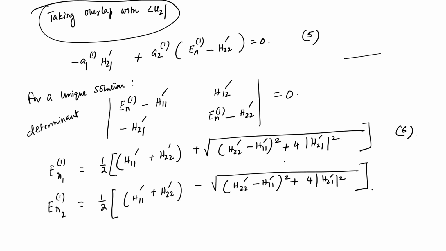Now, because of this plus minus sign, it sort of splits like this and like this. So, this is unperturbed En0, and these are the energy corrections. Let us call this En1 and let us call this En2 (1).